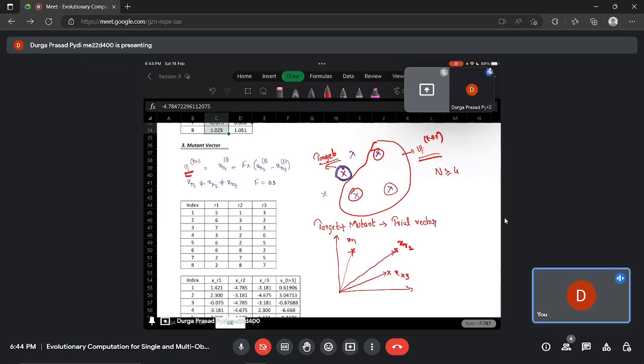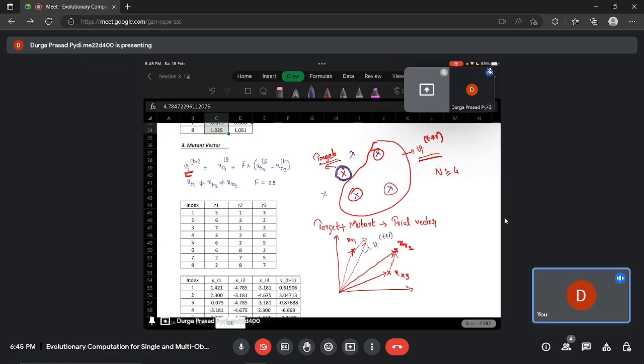We compute xr2 minus xr3, and we take this vector and add it to xr1. Then we get a new vector, and this new vector is my vi of t plus 1. This is what we are trying to do.